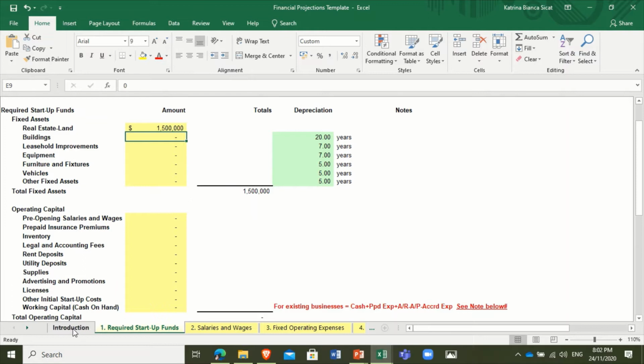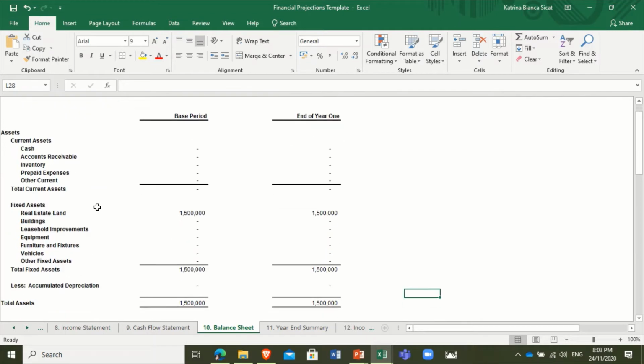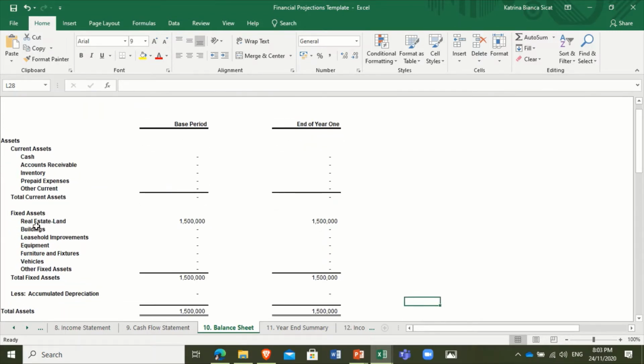The good thing about this template is that it automatically transfers the data that is needed sa ibang financial reports. Like for example, nag-input ka ng 1,500,000 dito, it's gonna automatically reflect on your balance sheet under fixed assets. Okay?